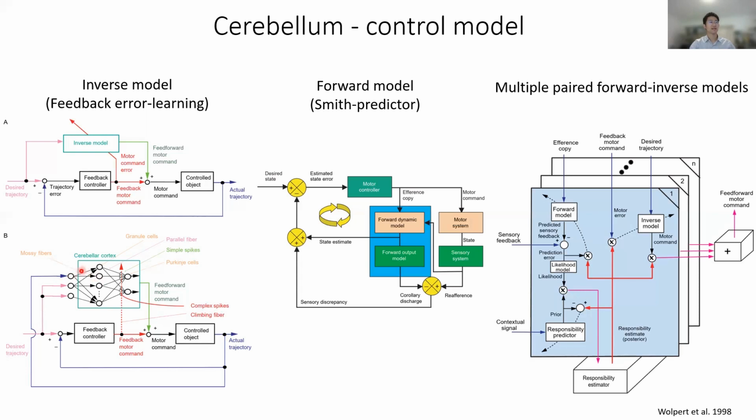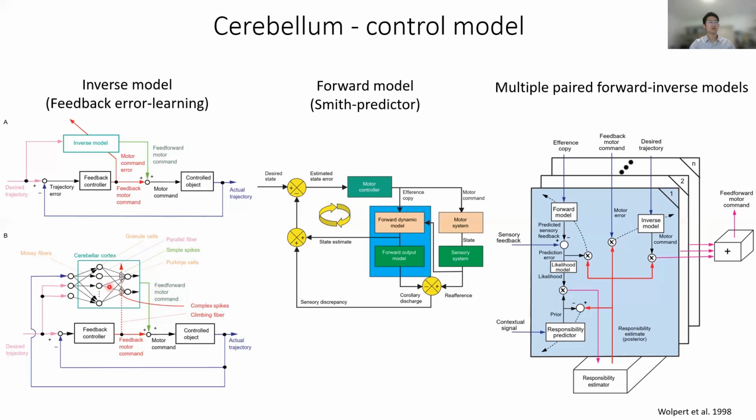And then next, the mossy fibers will synapse with the granule cells. And the granule cells will connect with Purkinje cells through the parallel fibers. And then the Purkinje cell will send the final output from the cerebellar cortex to other areas.